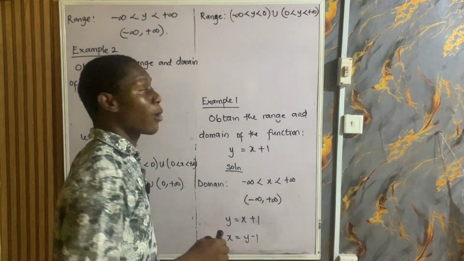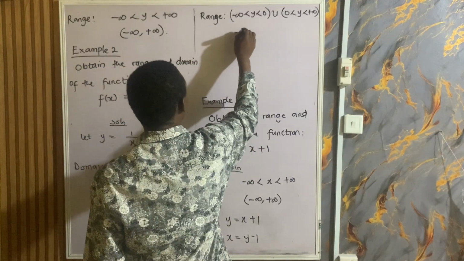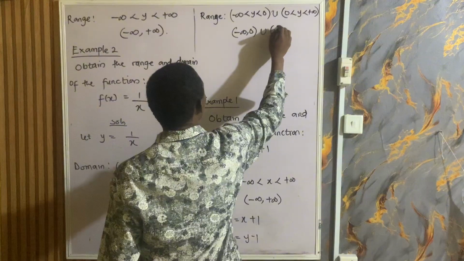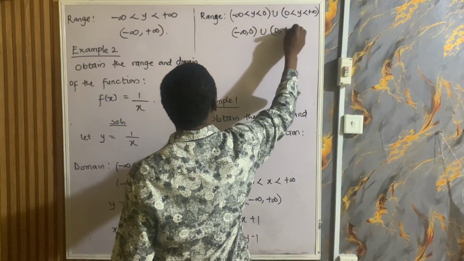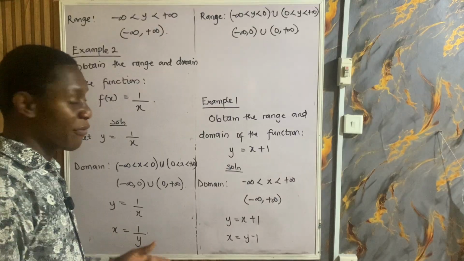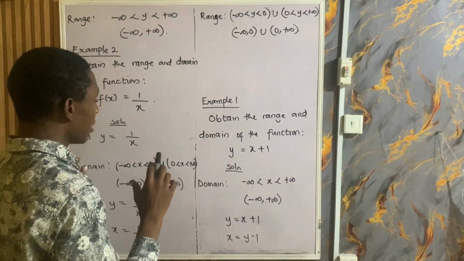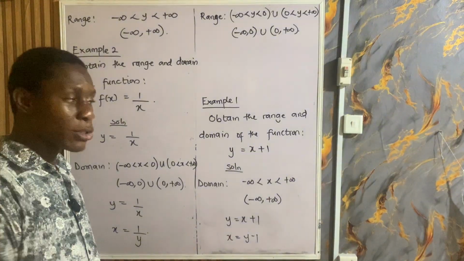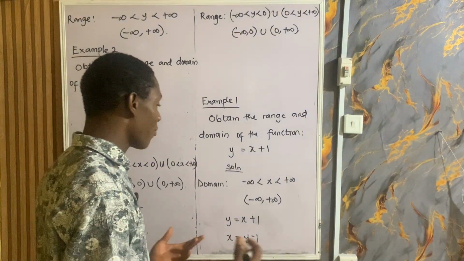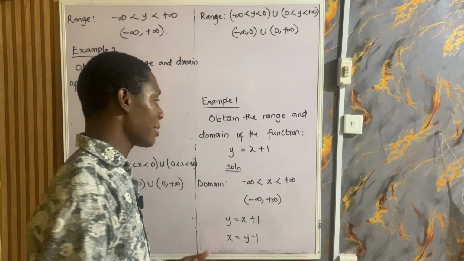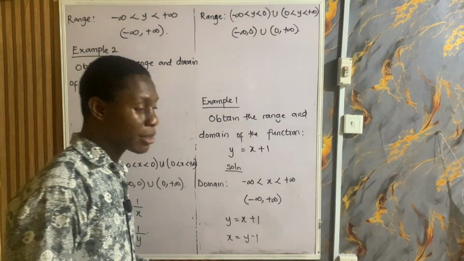Or you say minus infinity comma 0 union 0 comma positive infinity. So that's that for our range for this question. And if you watch our example 1 and example 2, our range and domain is always the same, but not always so when we solve other questions. Sometimes the range and domain are the same, while in other cases, range and domain may not be the same.